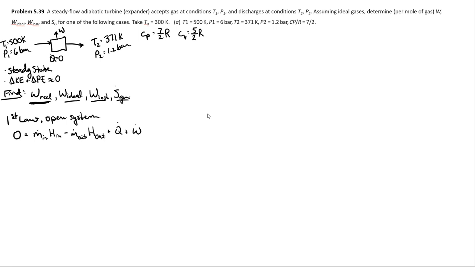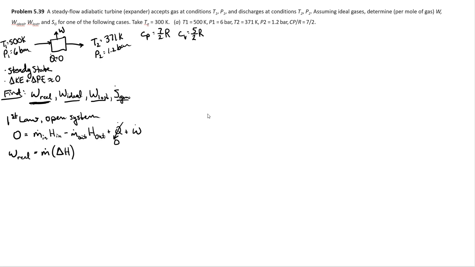Because this is our real system. We can simplify this. We know that accumulation is equal to 0, and so we can rearrange this to say the real work is equal to m dot times delta H. That's our energy balance for an open system.